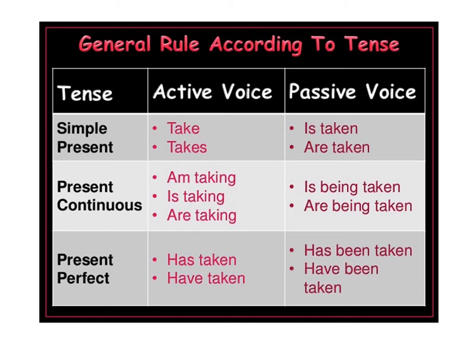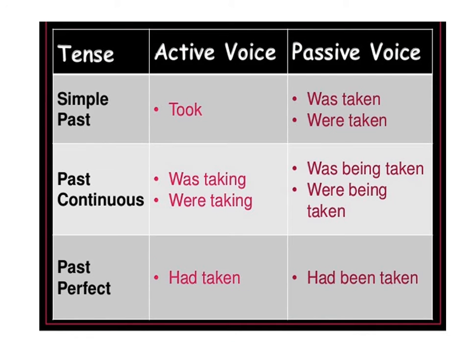So these are some rules you have to keep in mind while transforming an active sentence into a passive one. The simple past, for example took, becomes was taken, were taken. Past continuous: was taking, were taking. This is in the active voice.